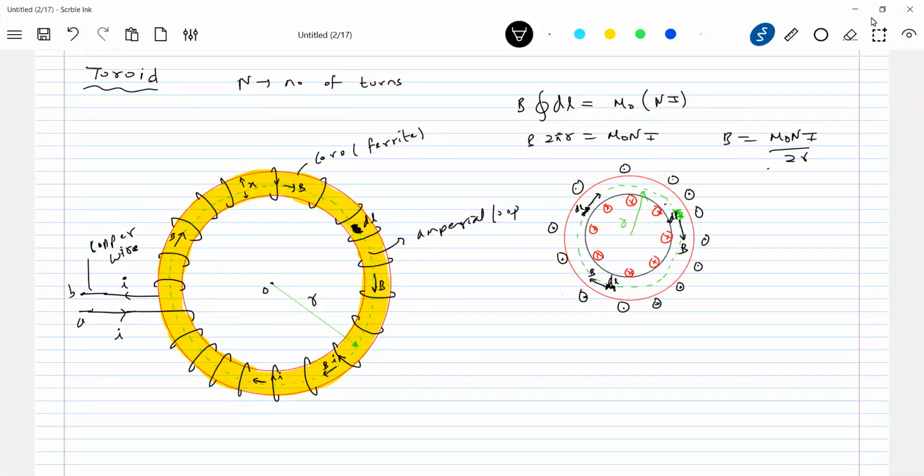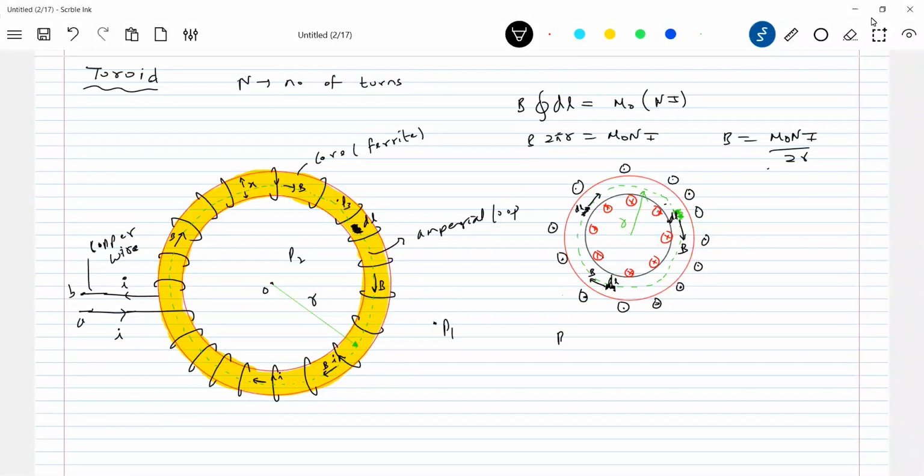Now you can ask a question, sir: I'll draw an Amperian path here. From Ampere's circuital law, it's quite clear, no? What is the net current enclosed? Plus I, minus I, plus I, minus I will be 0, no? So instead of fighting with other things, I directly take help of Ampere's circuital law. I'll call the points P1, P2, and P3.